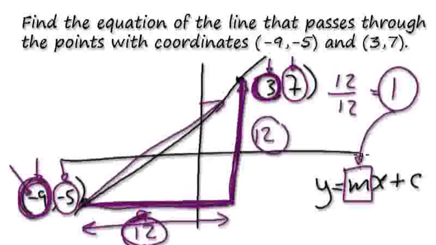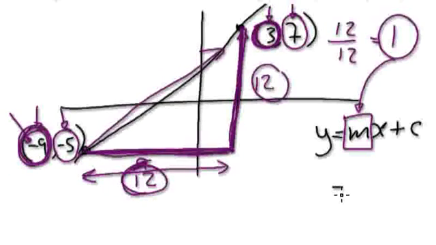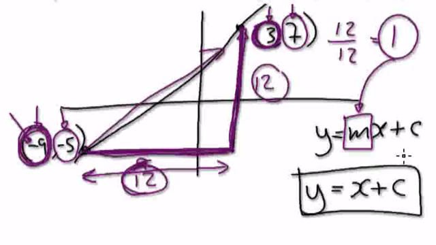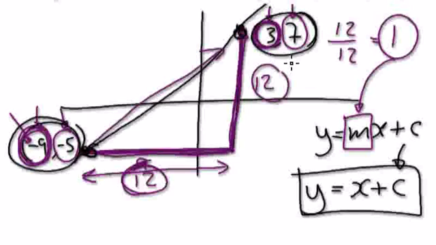So we can put the 1 into the m. This will be 1 times x, which is just x, plus c. Our equation is quite simple, but we still need to know c. We could use either point, but to avoid negatives, use this point: 3 is your x and 7 is your y.